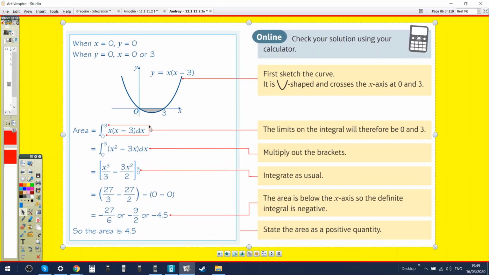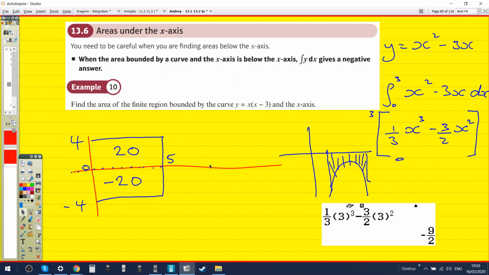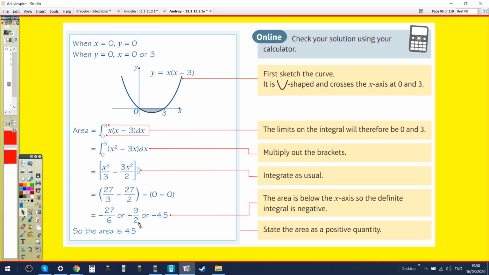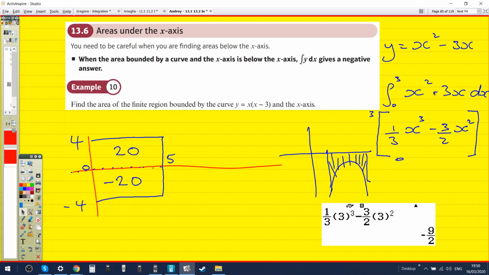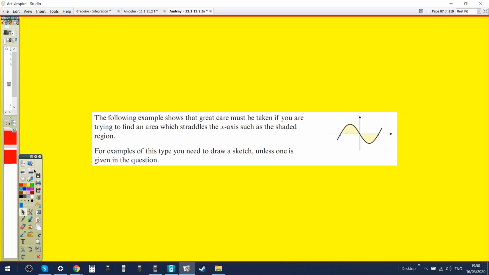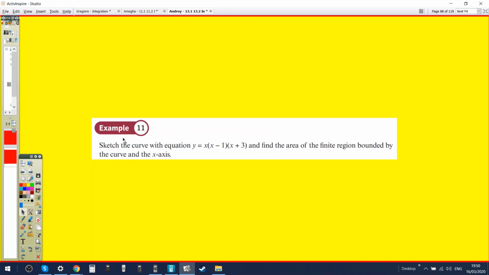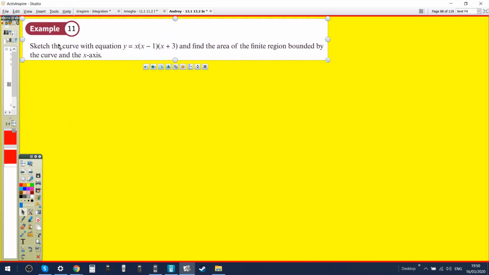Yeah, it's because it's below the x-axis, so it's saying it's negative. So the area is 4.5, positive 9 over 2. Any questions there? No. And so, yeah, you can see it's between 3 and 0. Integrate that. Yes. Okay, how about this one?